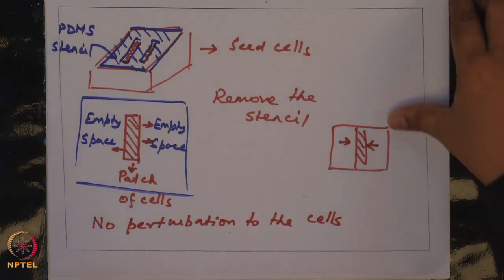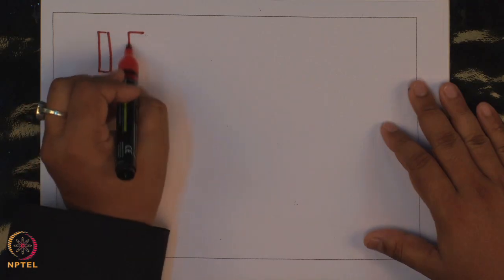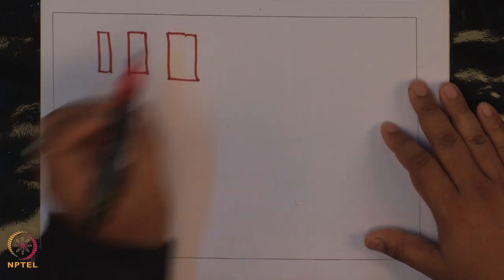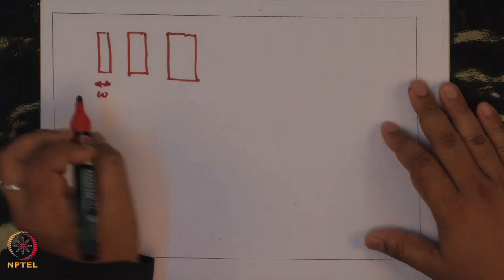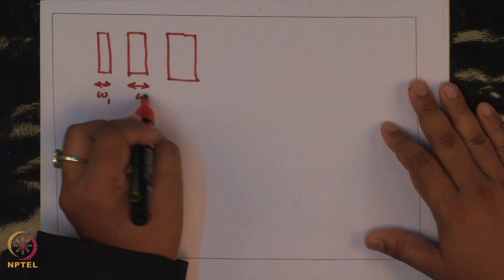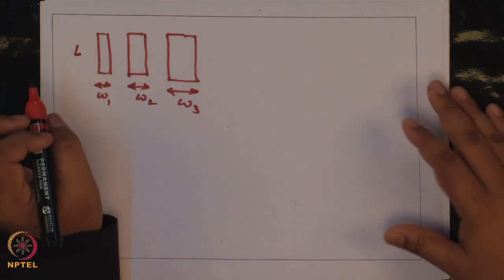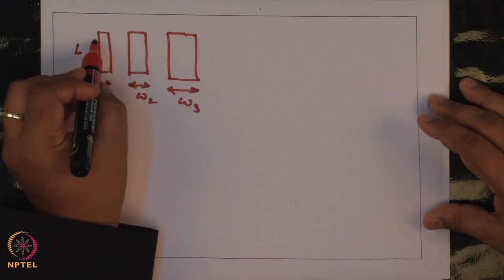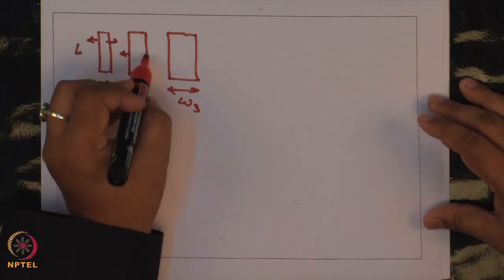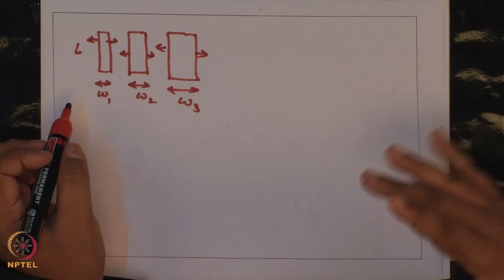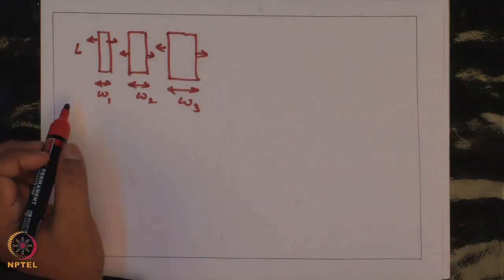So, what the authors did was they first asked that if they made these patterns of various widths, okay, so they varied the width of the pattern keeping the same length, and they asked how the outward movement of cells from these patterns varied depending on the width of these patterns.